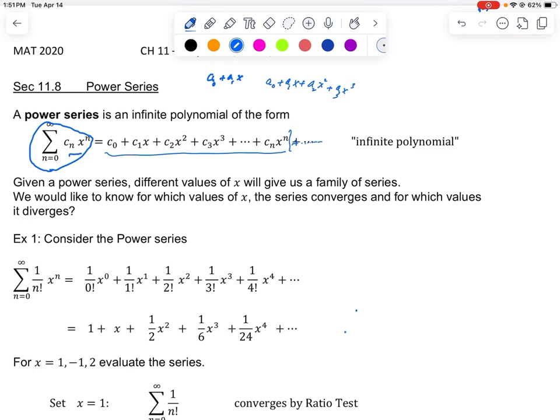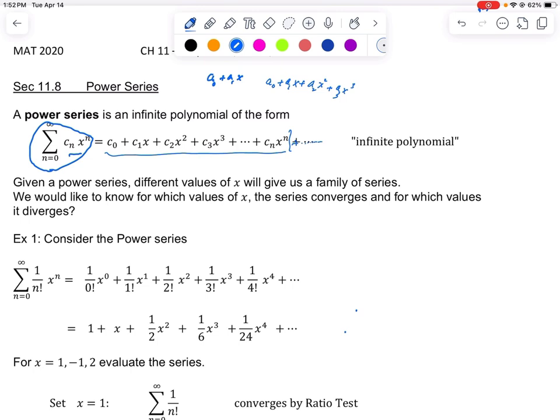Now, what is the difference between this power series compared to the other series that we have seen? There is an x in this power series. So what is the effect of the x? Well, the convergence or divergence of the series will now depend on x. In the previous ones, it depended on n, because we didn't have an x in there.